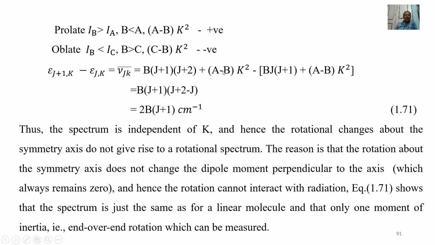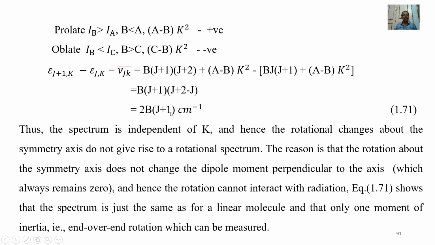Minus multiplied by plus gives a minus sign, and this term will get cancelled. We have the remaining term. You pull B J plus 1 out, so we will have J plus 2 remaining from the first term, and here you have J. This J and this J will get cancelled. We have 2 times B J plus 1, which is measured in terms of centimeter to the power minus 1.